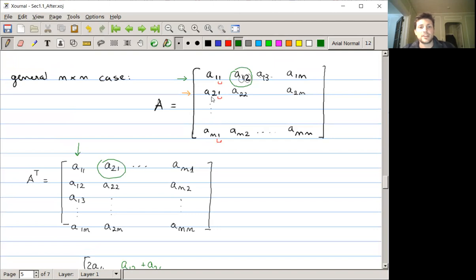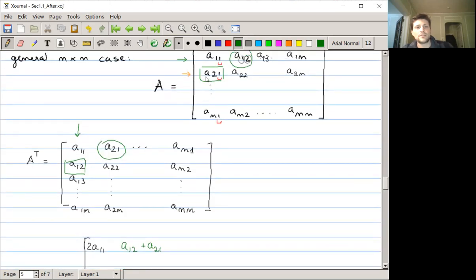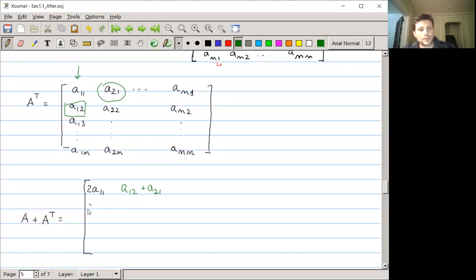Let's have a look at the second row and first column as well. There too, I have A21 and A12. So writing them in a slightly different order, we get the same.